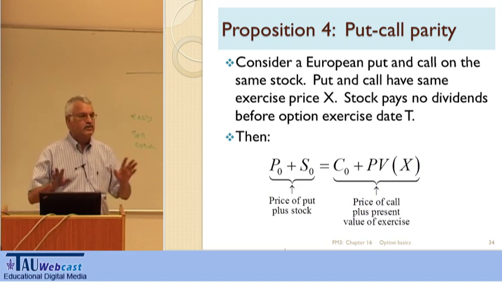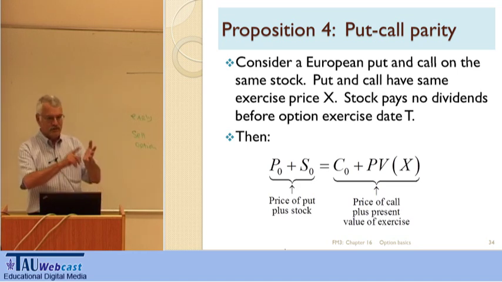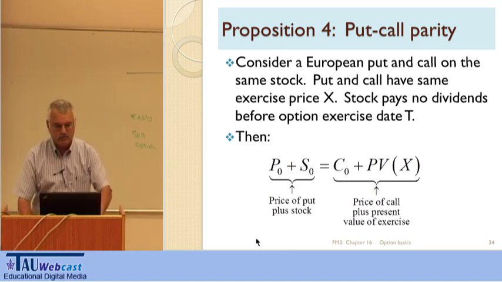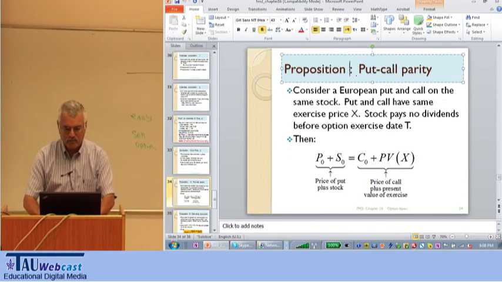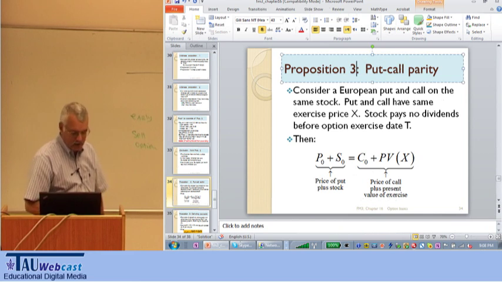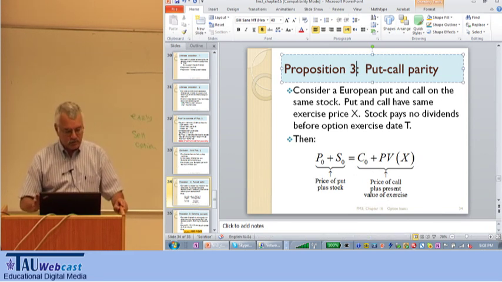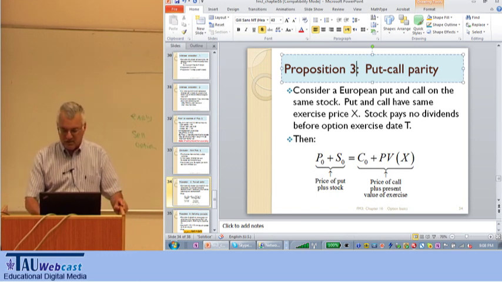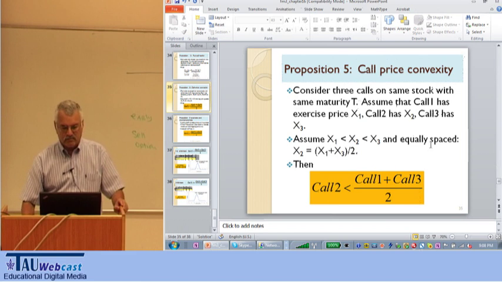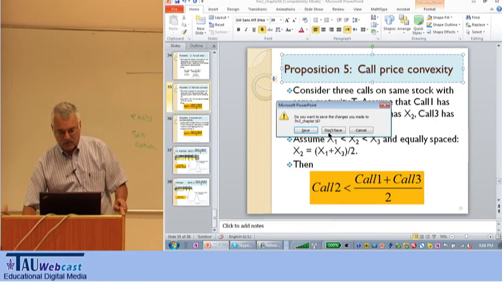So those are the four propositions, 0, 1, 2, 3, that I need for you in order to do options. Questions up to this point? That's all totally trivial, right? Okay. All right, let me close this down.